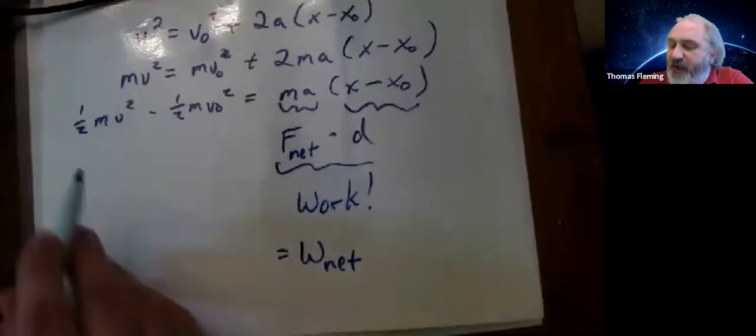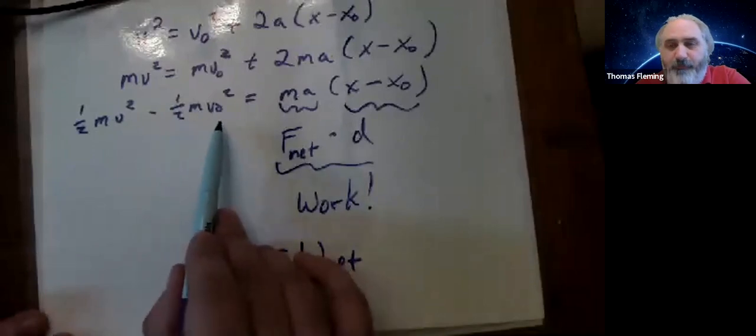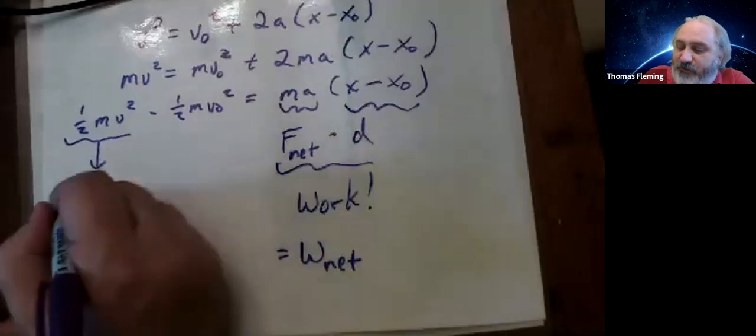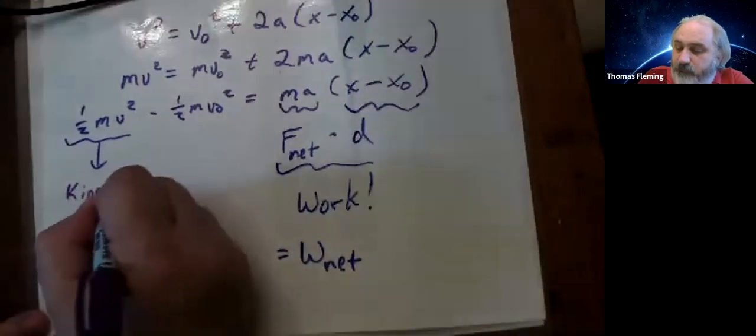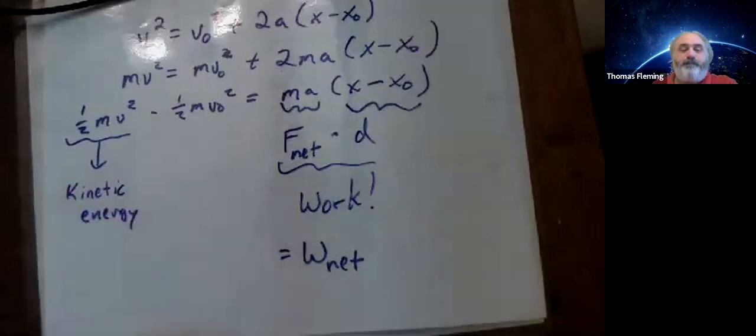Well, over here, I have this 1/2 m v squared and 1/2 m v initial squared. We're going to give this concept a name. We're going to call this kinetic energy. Right. So when you see 1/2 m v squared, in your head I want you to think kinetic energy. That's what it is. Now, apparently, this kinetic energy is related to how much work you had to do to make an object move at that speed.